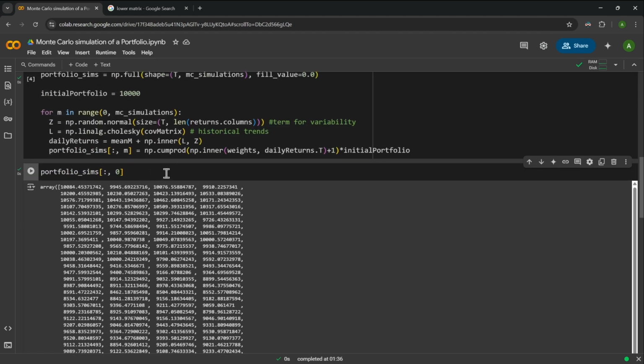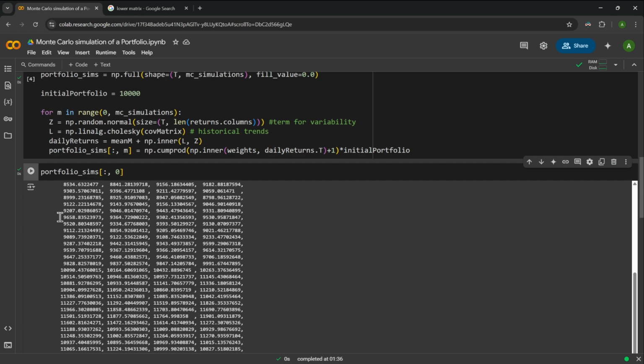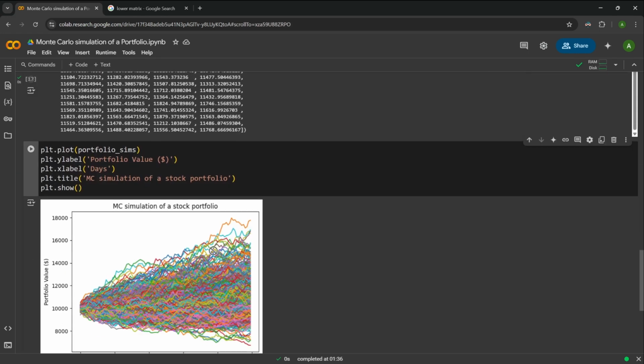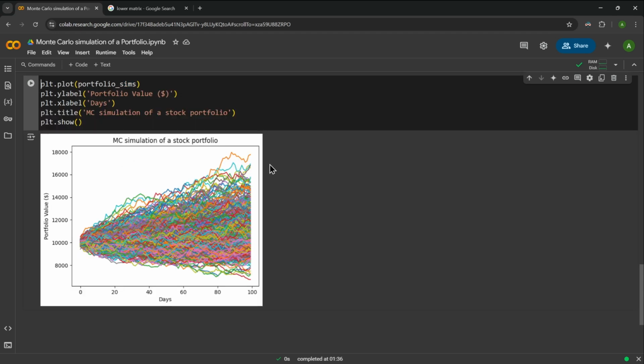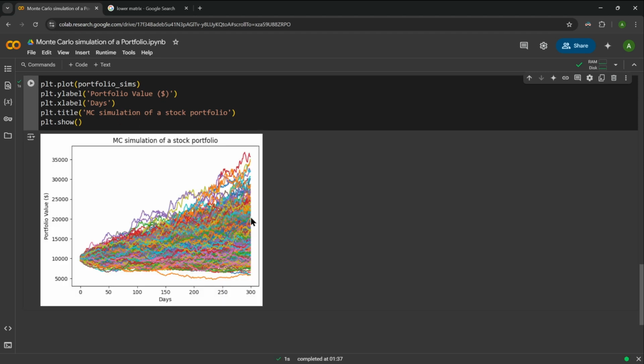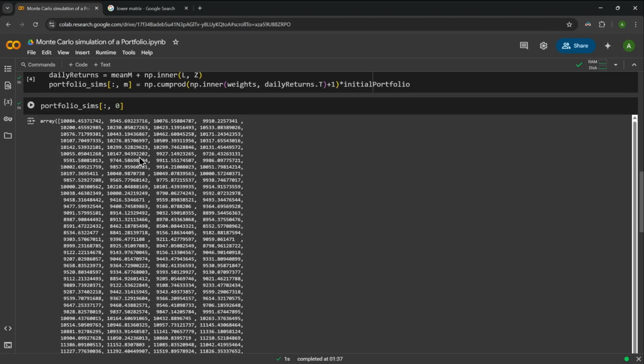So we do this for 500 such scenarios, and then we try to plot it over here. And so this is our end product. Wait, let me just run this again. Using this, we can see that the best outcome for us after, I think it was 300 days, right?